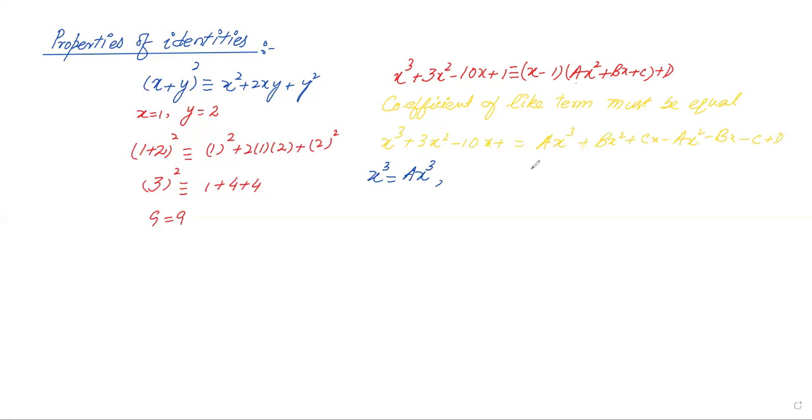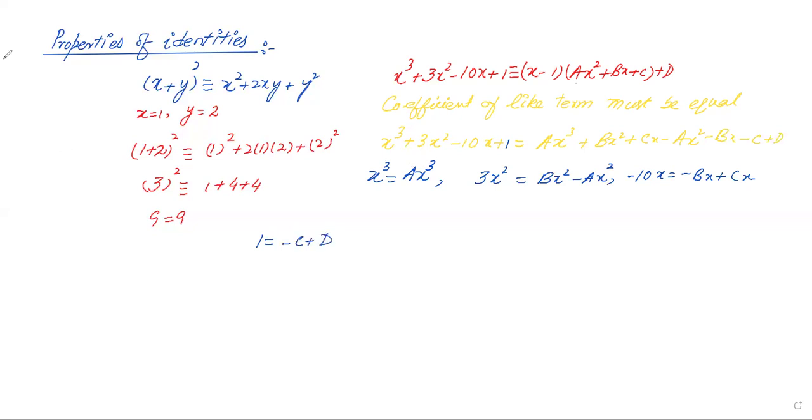The second one is the terms of x squared: 3x squared is equal to bx squared minus ax squared. The third, the term of x: minus 10x is equal to cx minus bx. And the last term is the constant term: plus 1 is equal to minus c plus d.